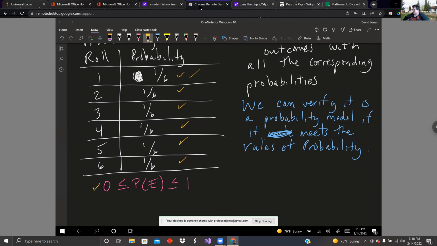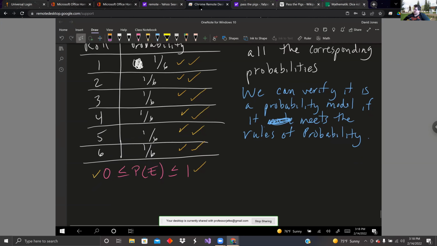1/6 is less than 1. These are all 1/6. So that requirement's met. And the only other requirement was that they have to add up to 1. The sum of the probabilities has to equal 1. Well, what happens if I add 1/6 plus 1/6 plus 1/6 plus 1/6 plus 1/6 plus 1/6?